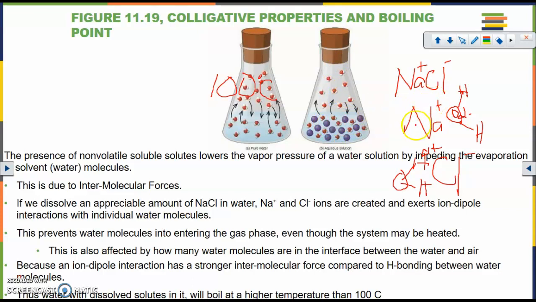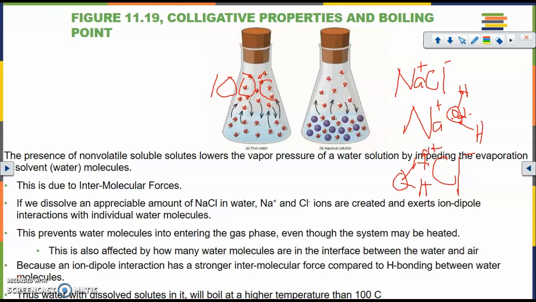One of them is the obvious interaction between sodium and the water molecules, and not just sodium but chloride as well. If you have two ionic particles attracting water molecules, the sodium and chloride ions are basically grabbing on to the water molecules and preventing them from escaping to the gas phase.